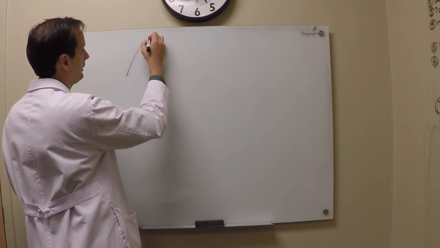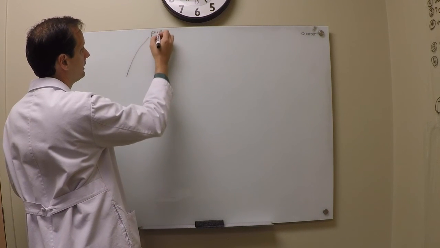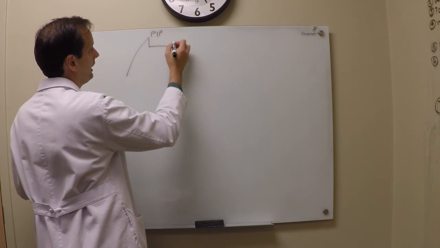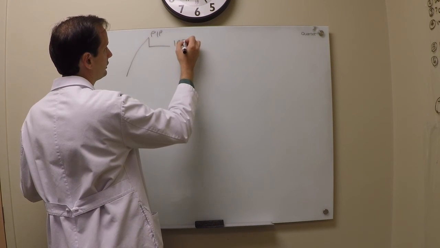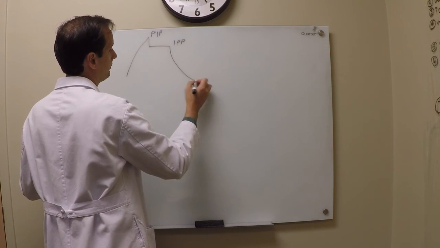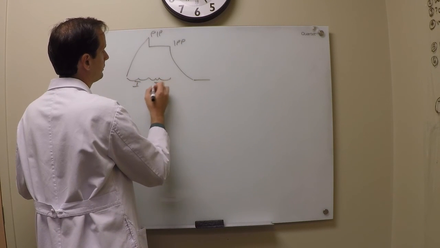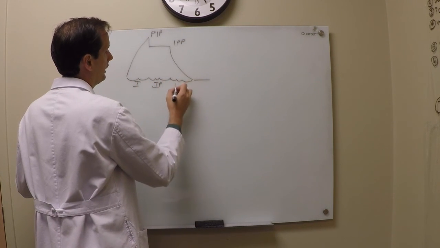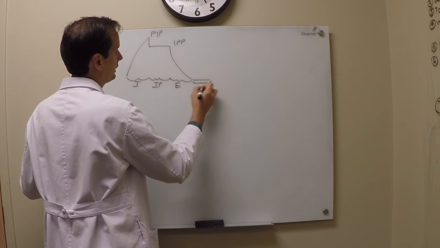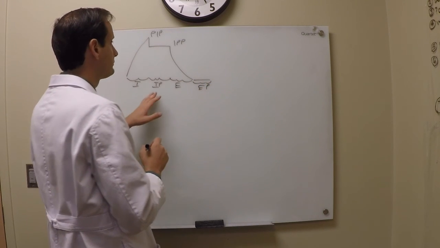You're going to take a breath in, reach your peak inspiratory pressure, hold your breath, and then you'll have your inspiratory plateau pressure, and then you exhale, right? You have your inspiration, your inspiratory plateau, expiration, and expiratory pause, all right?